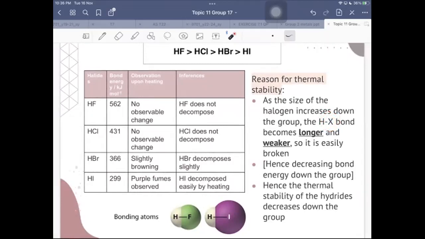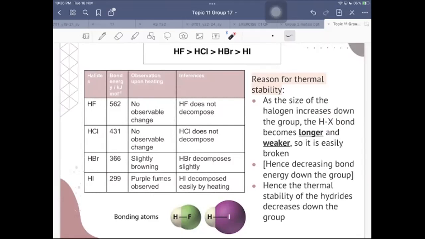Okay, why? Because when we measure the length of the covalent bond, we're actually measuring the distance between the nucleus of the two atoms.